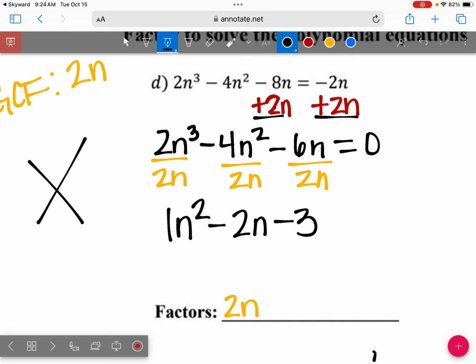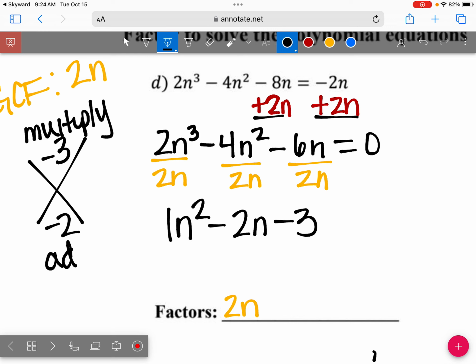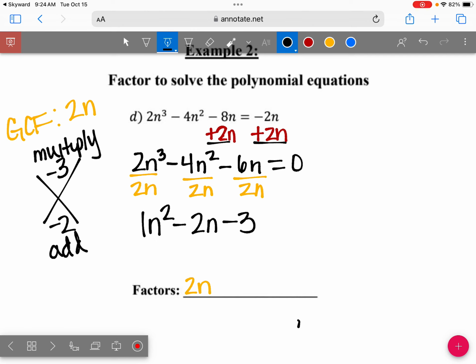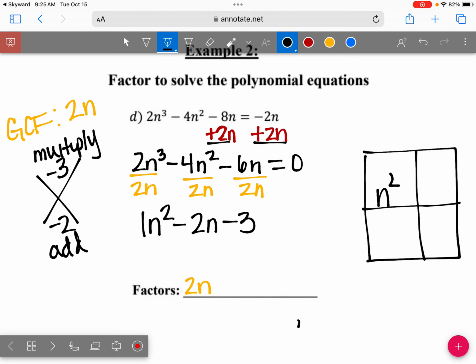So I need two numbers that would multiply to be -3 and add to -2. What would be my two numbers?